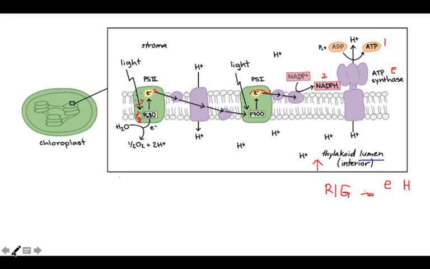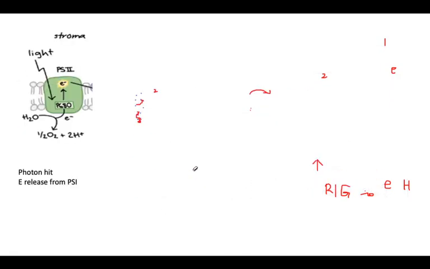Now let's bisect this whole process into an easier form so that we can understand what's going on. Simultaneously I am deleting this portion so that you get a clear understanding and don't get confused. So light hits photosystem 2, and 2 electrons get released.